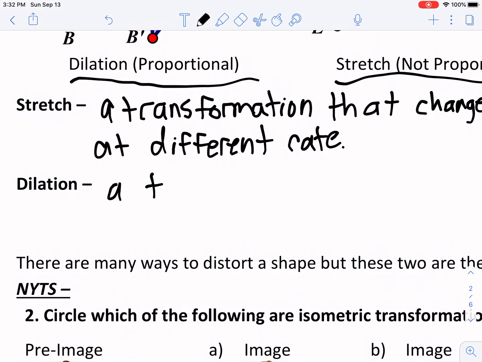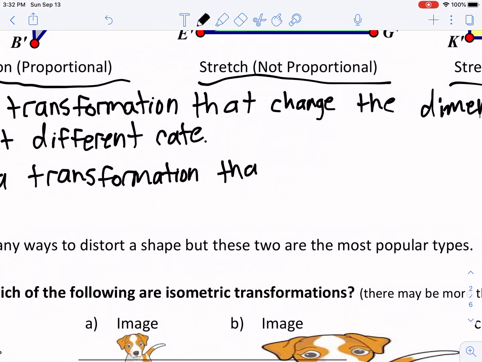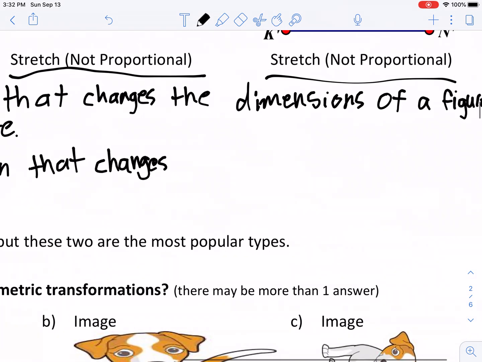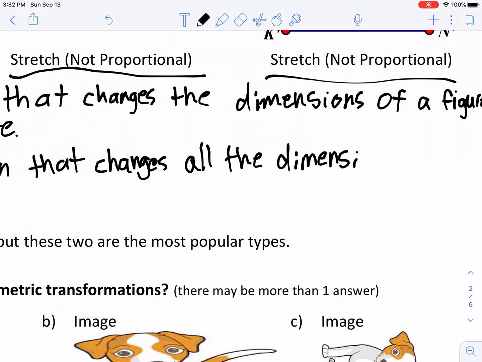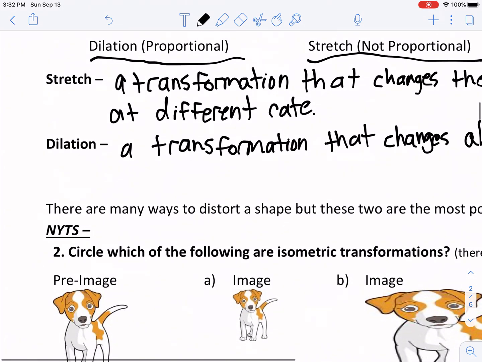So a dilation is a transformation that changes all the dimensions of a figure at the same rate.